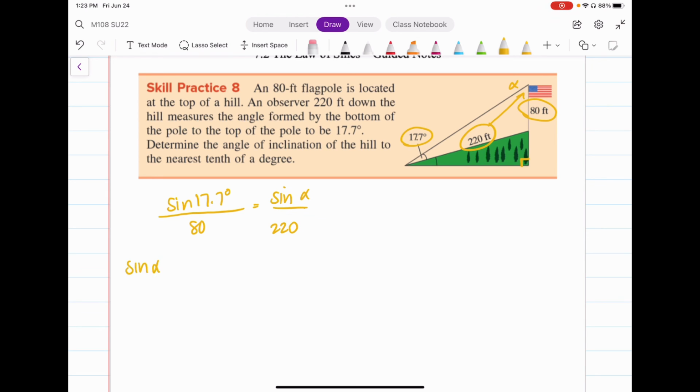So sine of alpha is going to be equal to 220 sine 17.7 degrees over 80, or the inverse sine of 220 sine 17.7 degrees over 80 is going to be equal to alpha. That angle measure is 56.7 degrees.